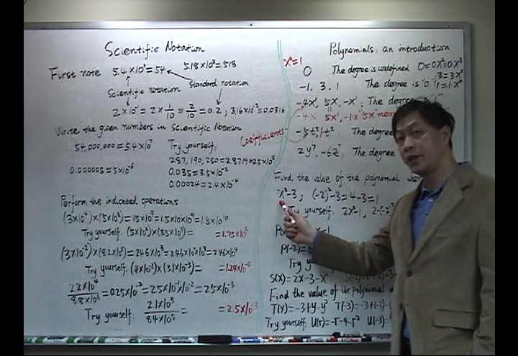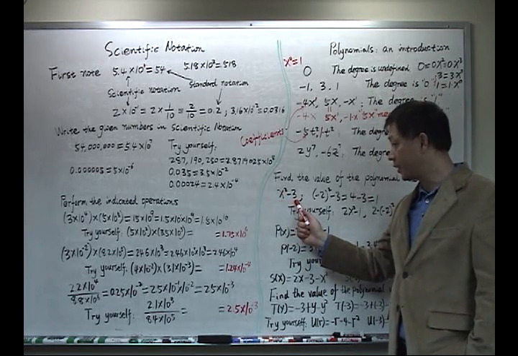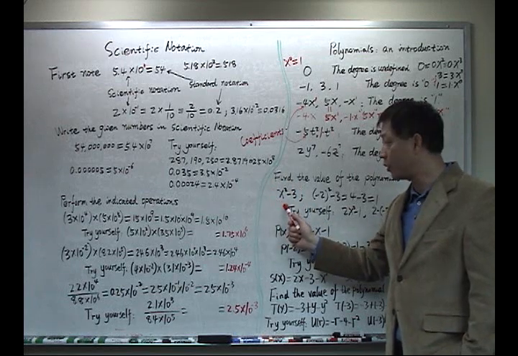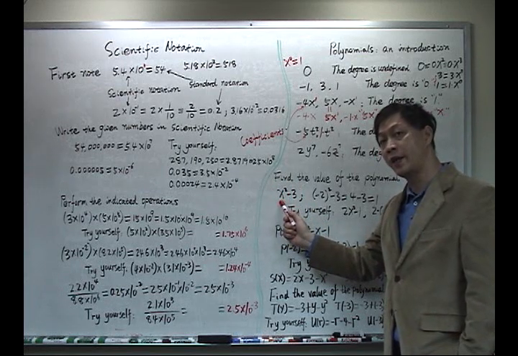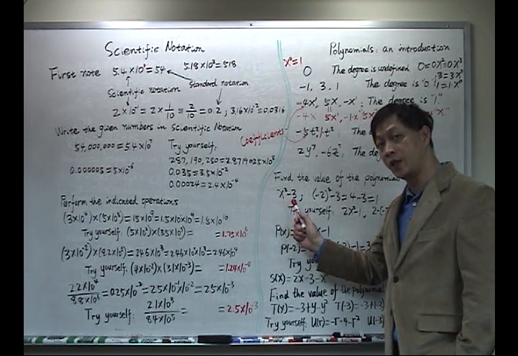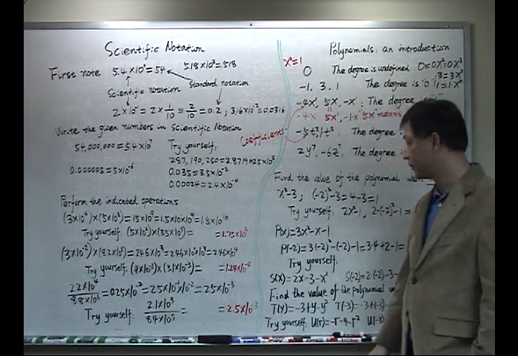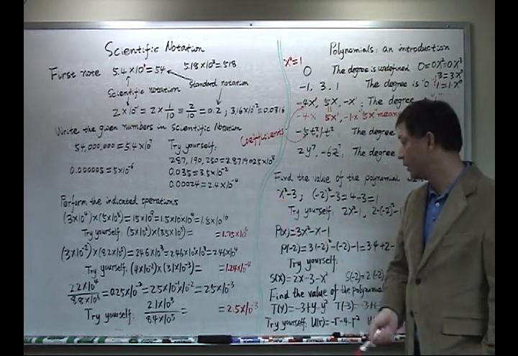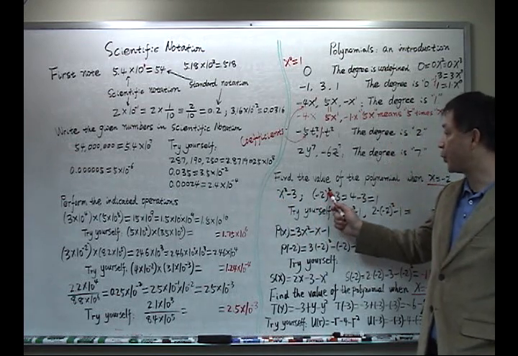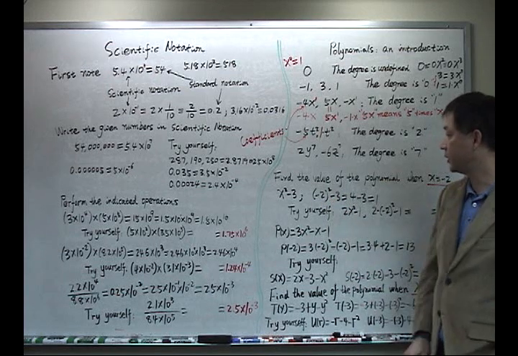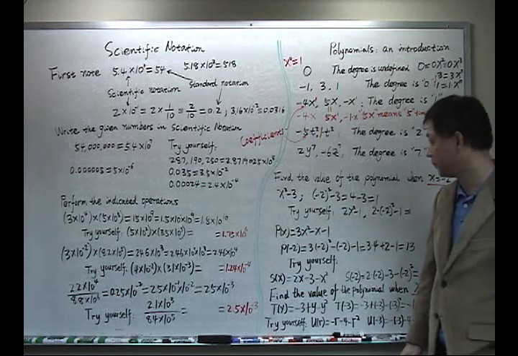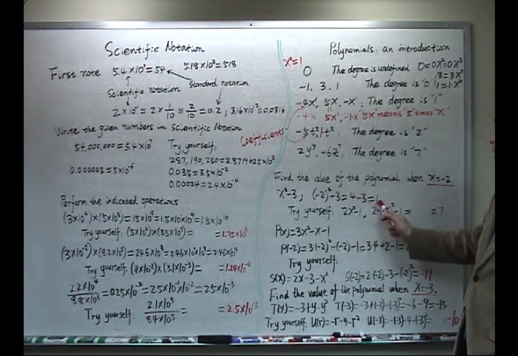Since here the degree is 2 and here the degree is 0, the highest degree of this polynomial is 2. Then we say this is a polynomial with degree 2. Now plug in negative 2. You have negative 2 squared minus 3. Negative 2 squared is positive 4. 4 minus 3 is positive 1.